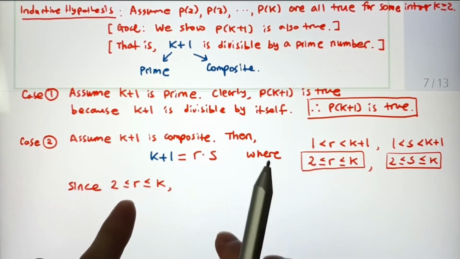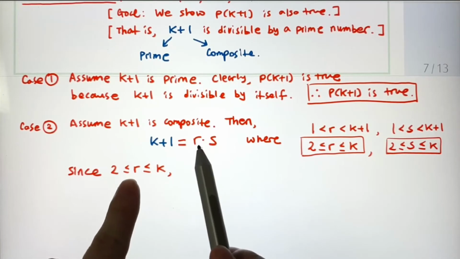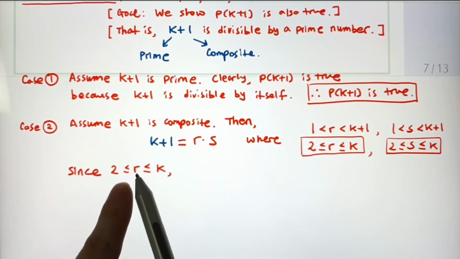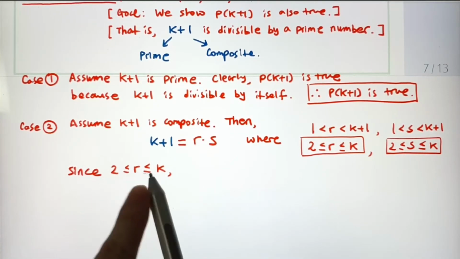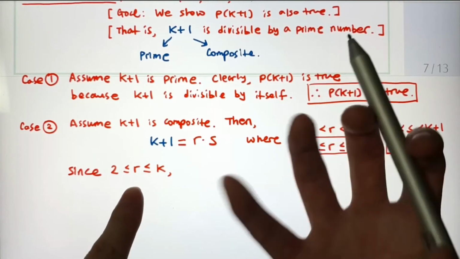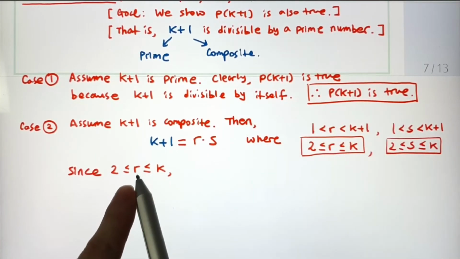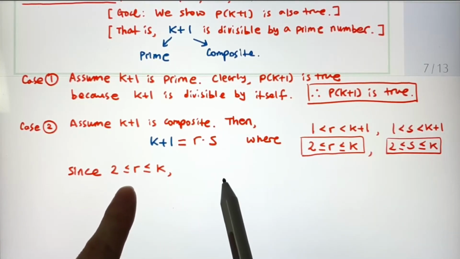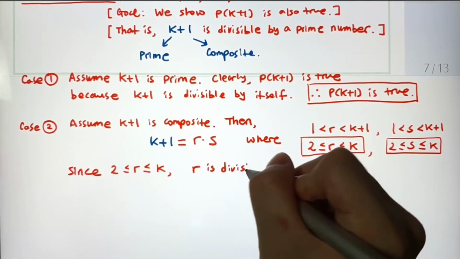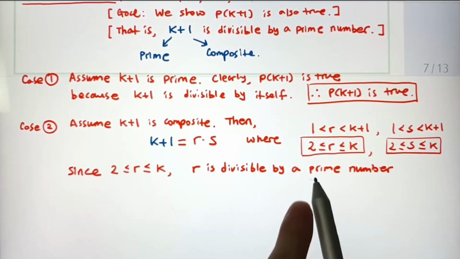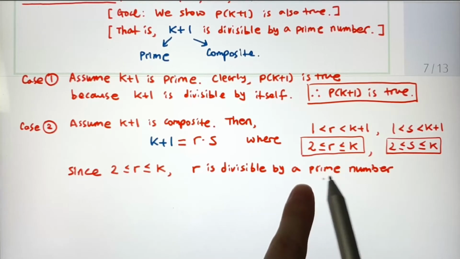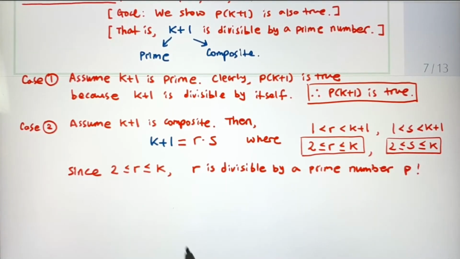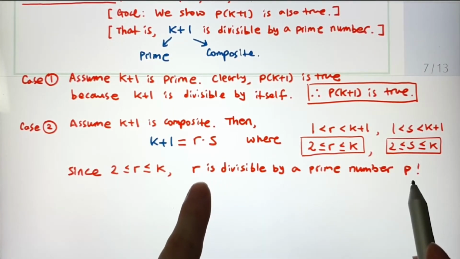Okay, listen carefully, everyone. Since the integer r is greater than or equal to 2, less than or equal to k, we are 100% sure that r is divisible by a prime number. Let's say that particular prime number is p. Do you know why this statement is true?